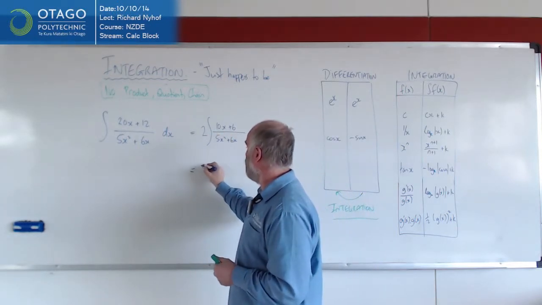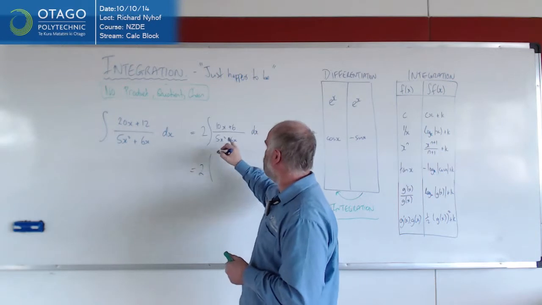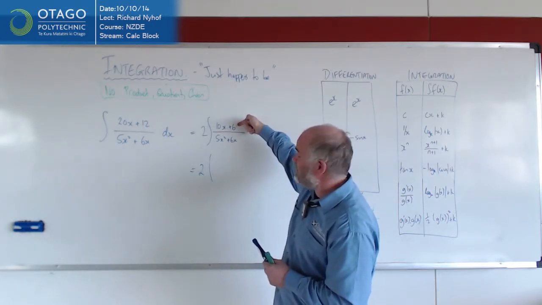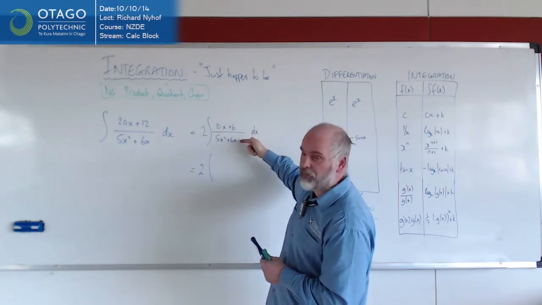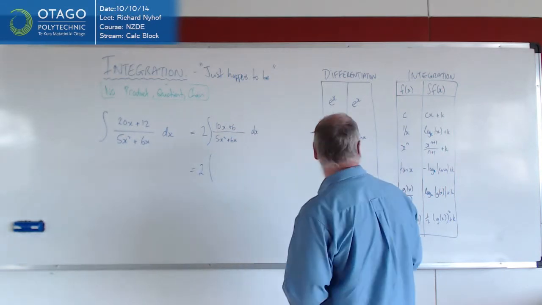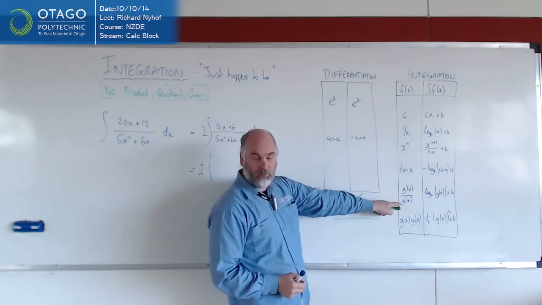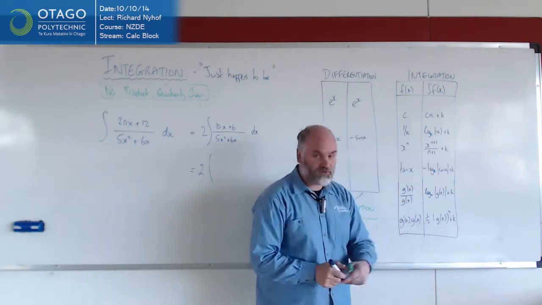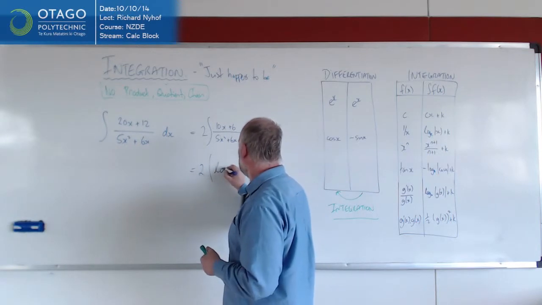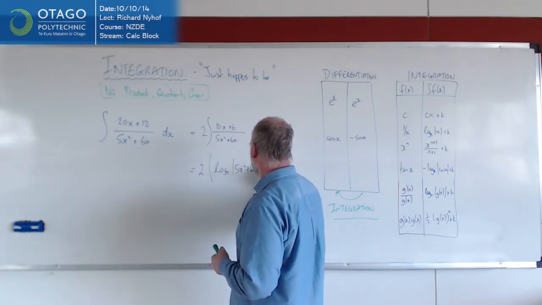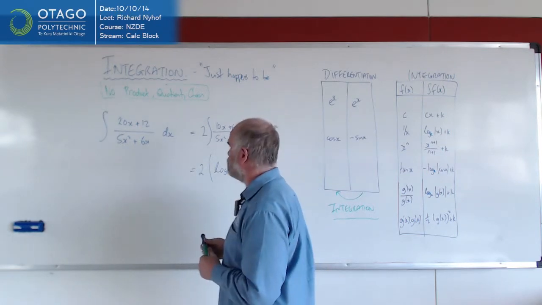And now I've got the 2, and then I do the integration. And I happen to be lucky that the top just happens to be the derivative of the bottom. So in that case, I can use this rule. The answer is the natural log of the bottom. And that's all there is to it.